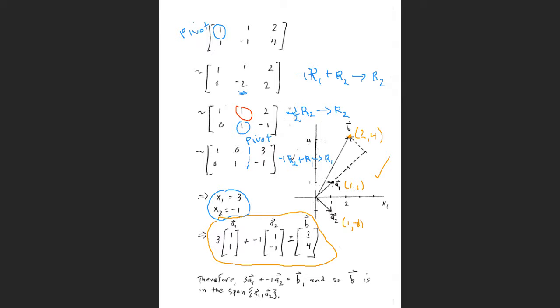And indeed, if you take that vector a1 and you multiply it by 3, that's going to get you here. And if you take the vector a2, which is this vector here, and you multiply it by -1, that's going to give you this vector here.